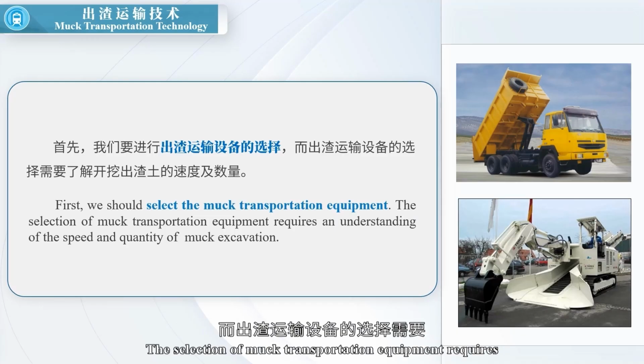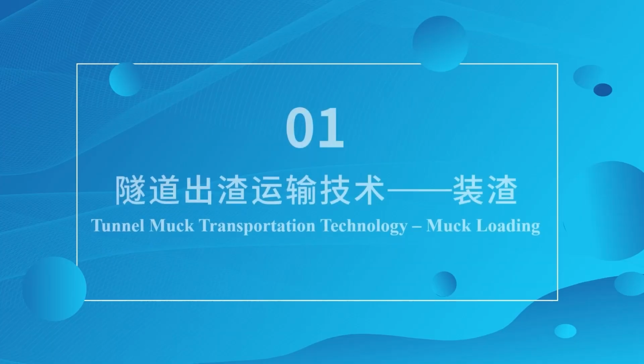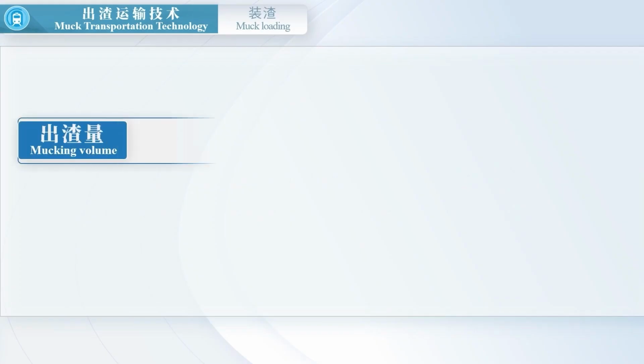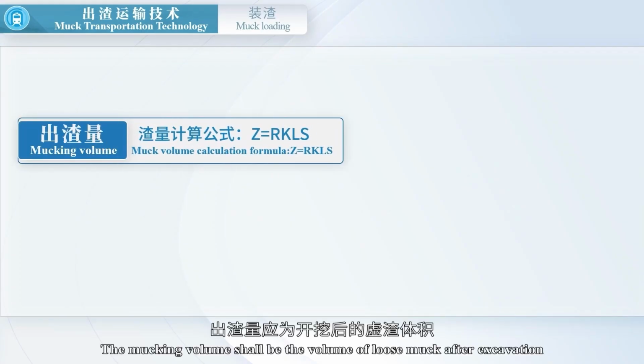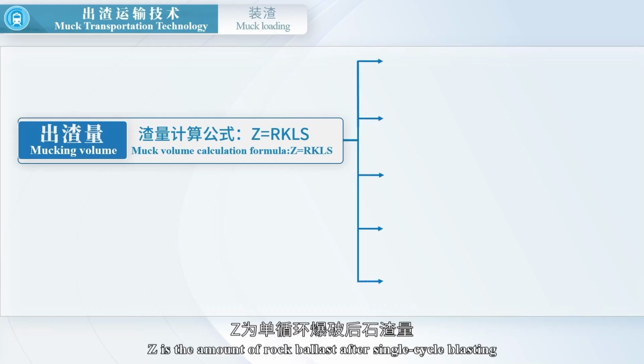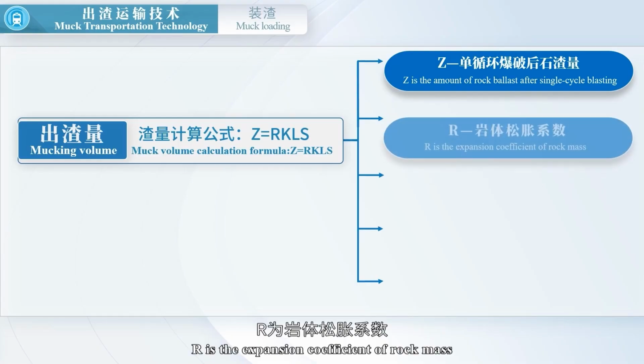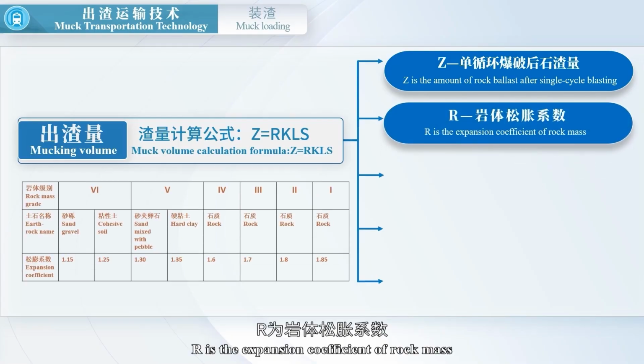The selection of muck transportation equipment requires an understanding of the speed and quantity of muck excavation. The mucking volume shall be the volume of loose muck after excavation, which can be calculated according to the muck volume calculation formula, where Z is the amount of rock ballast after single cycle blasting, R is the expansion coefficient of rock mass.